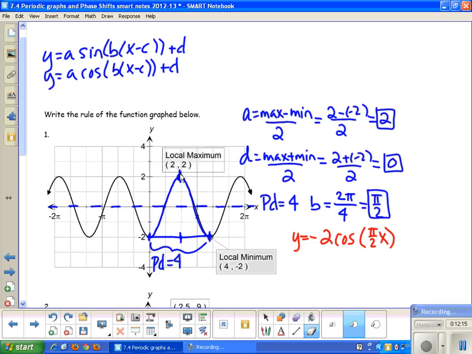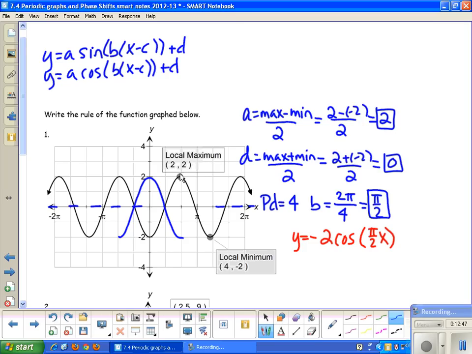Well, let's say that instead of doing a reflection for my graph, I want to do a cosine graph that would be positive in front. If that's the case, remember that our cosine graph normally starts over here, and this would be a cosine graph with an amplitude of 2 that I just moved. In order to go from my cosine graph over to here, how did I shift that cosine graph?